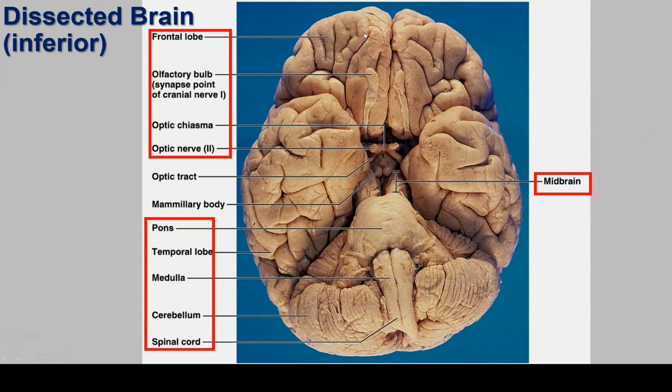A couple of things to notice in the inferior view. What we see here on the inferior surfaces of the frontal lobe, we actually see the olfactory nerves, the left and the right. This is the left, this is the right. Each of the olfactory nerves end in olfactory bulbs.